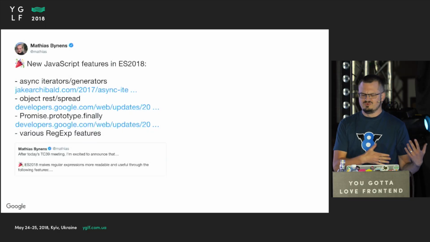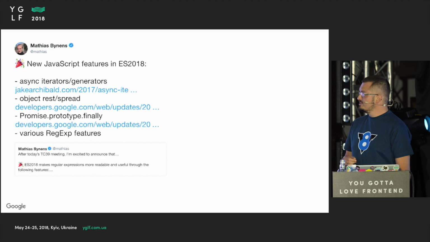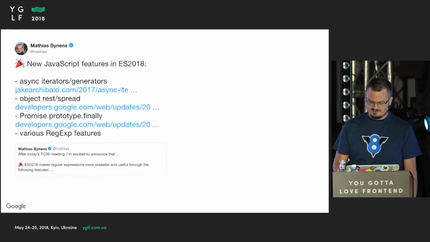So the way we write asynchronous code in the future is going to be very different from the way it was written two years back. Also, we have object rest and object spread, which is pretty neat, and a lot of very useful regex features made it into the standard.